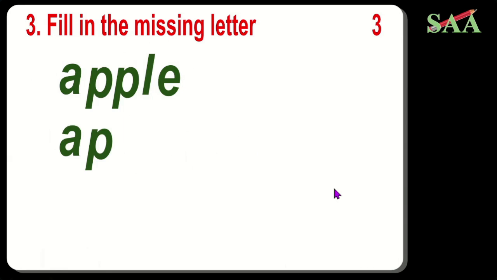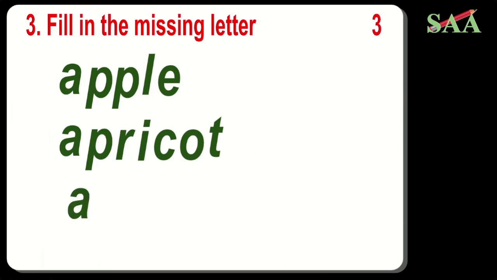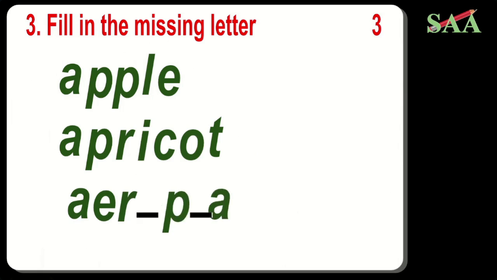Now here A P R, what are the missing letters here? Apricot. Yes. Here A E R, what will be the letter here? Aeroplane.